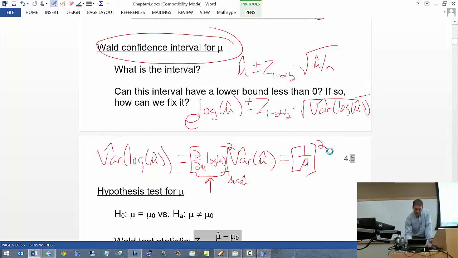I'm going to square it, and multiply it by the estimated variance of mu hat, which is mu hat over n. So what am I left with? 1 over n mu hat. That's the variance that I would use in that confidence interval. Again, I'm not going to ask you to do it on the test, but I might ask you to apply this confidence interval on the test.